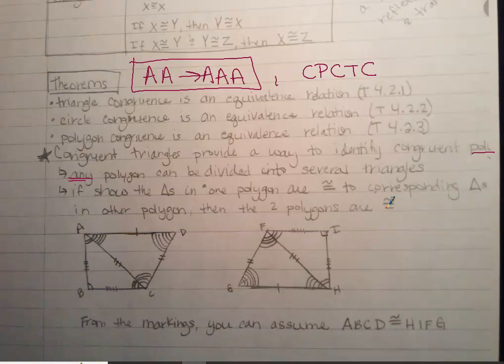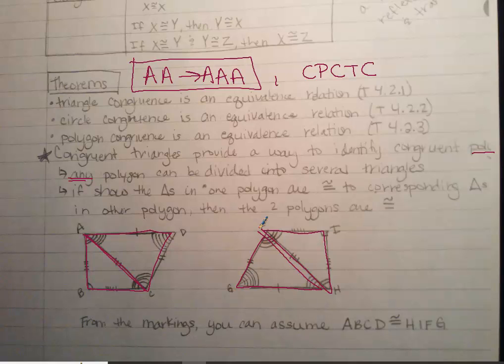And so I've got an example here for us to look at. So we've cut these 2 polygons into 2 triangles, and congruence has been proved. From the markings, because we've proved this triangle here is congruent to this triangle over here, and then this other triangle, my color didn't change, sorry about that, is congruent to this triangle with lots and lots of markings.